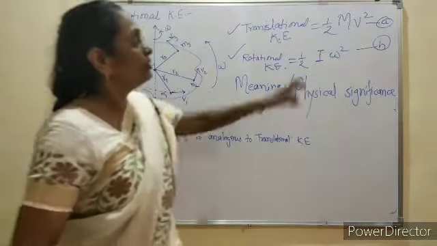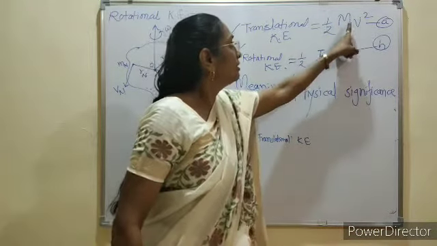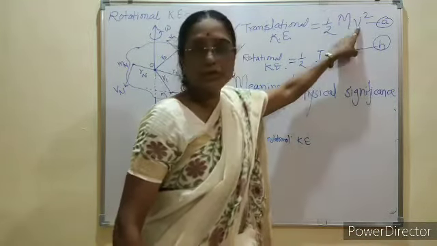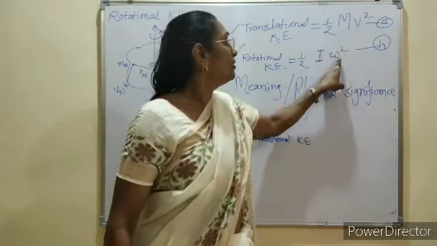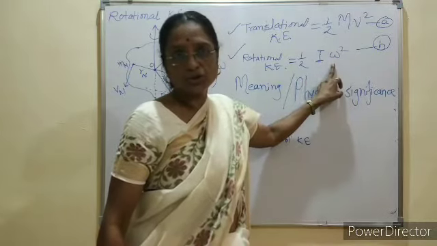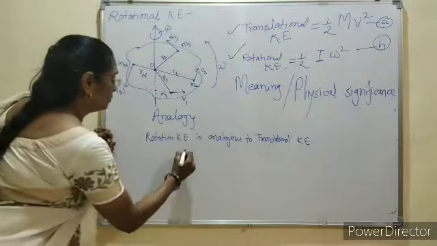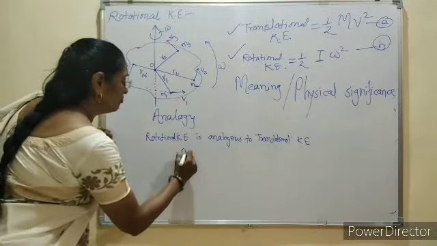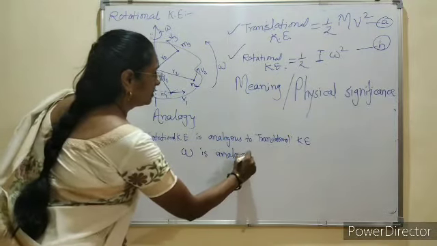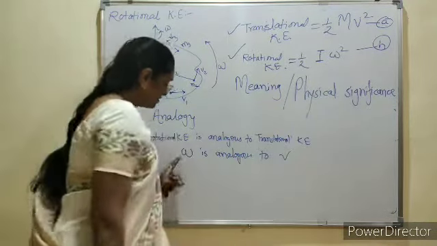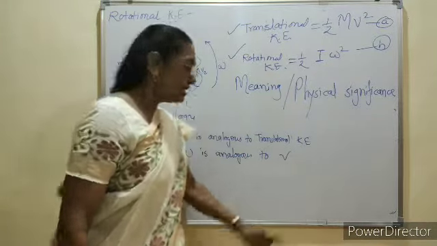Now on the right hand side, here half, here v and omega. V is linear velocity. We know that linear velocity and omega are analogous to each other. Omega is analogous to v, meaning angular velocity is the analogous quantity of linear velocity.